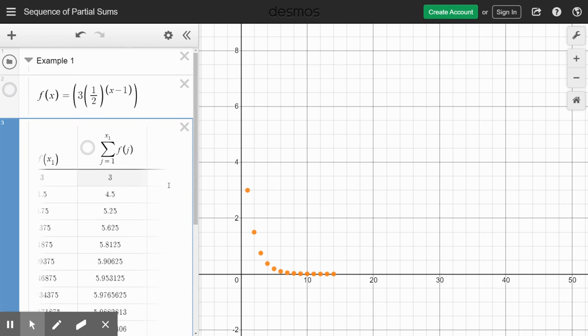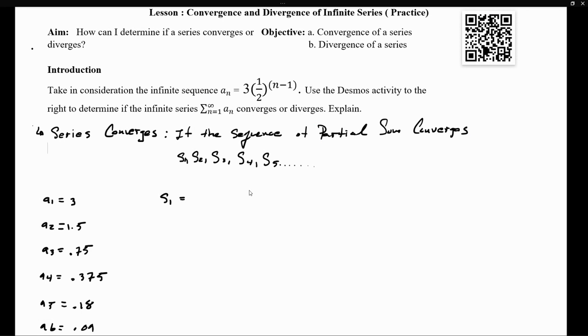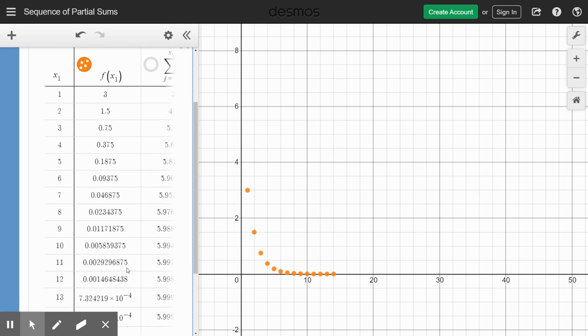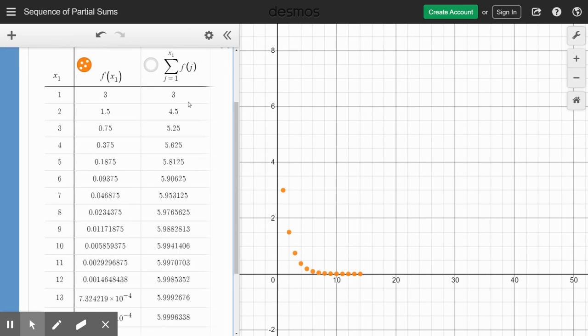Notice that the sequence seems to be decreasing in values. But now let's take a look at the partial sum.